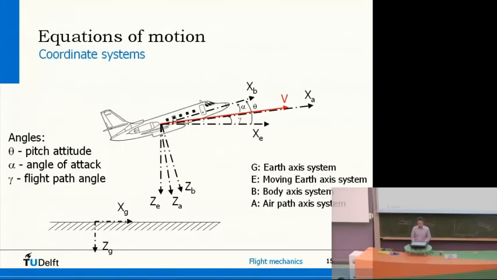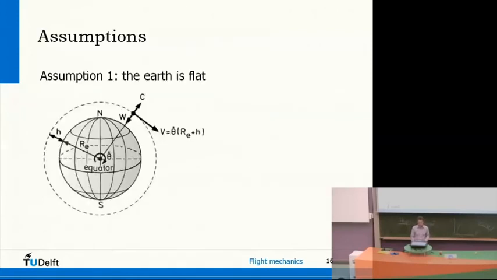And before I start deriving these equations of motion, just a few assumptions I'd like to emphasize. Now the first one I assume is that the Earth is flat. Now you can see that if you would stay at a constant altitude, like so, then if you fly long enough, you're actually flying around in a circle around the Earth.